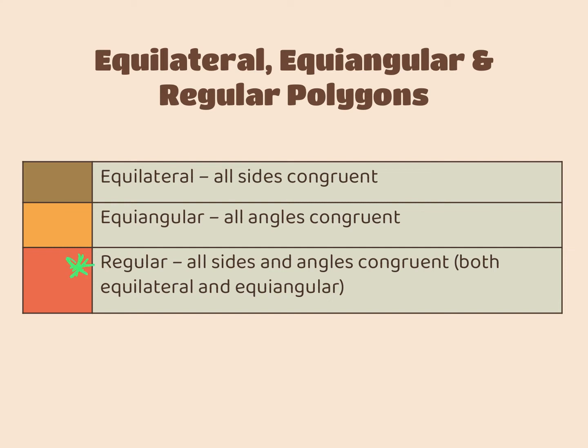And this just means that all sides and all angles are congruent. So in other words, whenever you see the word regular in front of a polygon name, like for example, a regular hexagon, this just means that all of the angles, all 6 of them in the hexagon, would have the same measure, and then all 6 sides would have the same length.